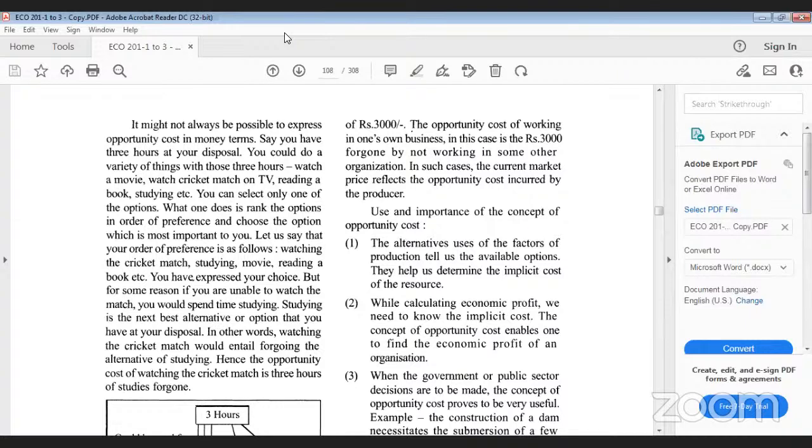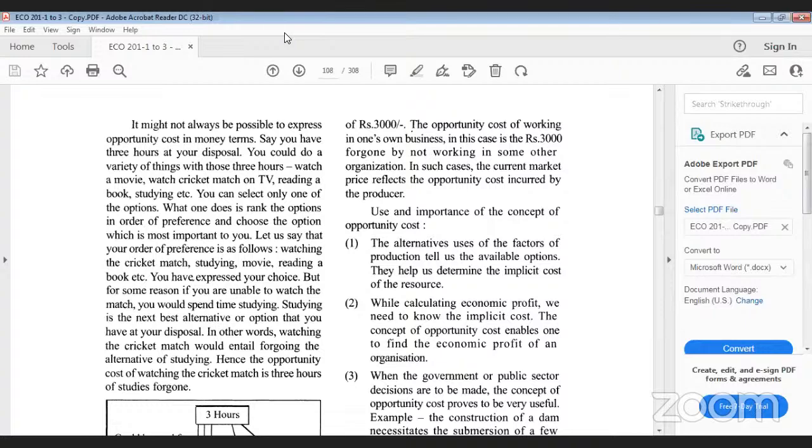You can select only one of the options. What one does is rank the options in order of preference and choose the option which is most important to you.